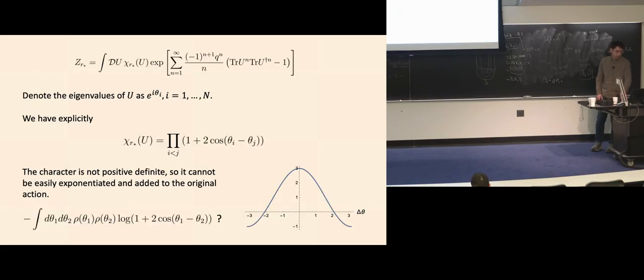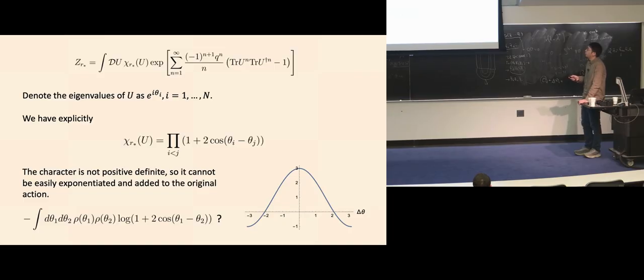So now let me explain a little bit what I understood about this integral. I should say my understanding of this integral is very poor. I only understood it in some special limits. So if you have any idea of how to improve it, please let me know.